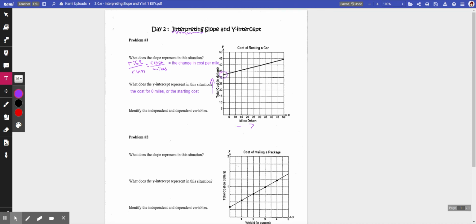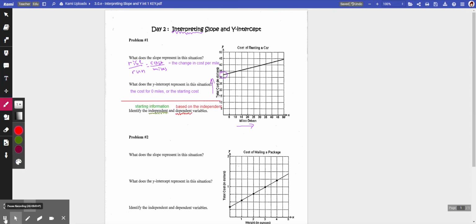And then identify the independent and dependent variables means independent is the thing that's just happening, and then dependent is the thing that's based on it. So independent is what you're starting with. So you're starting with how many miles did you go is how you determine the cost of renting the car. So miles is your independent variable.